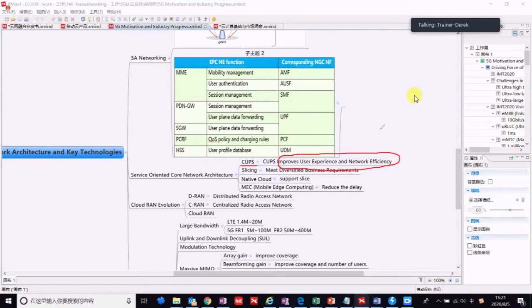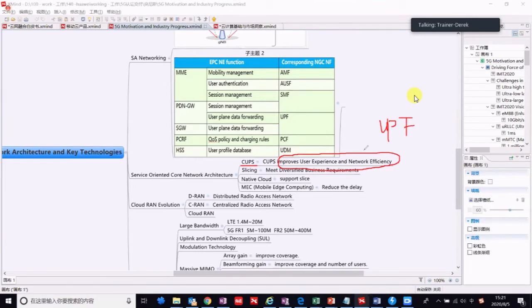We can deploy the UPF near the user, near the application, or near the base station. It can reduce the delay, like for V2X. We can reduce the delay.